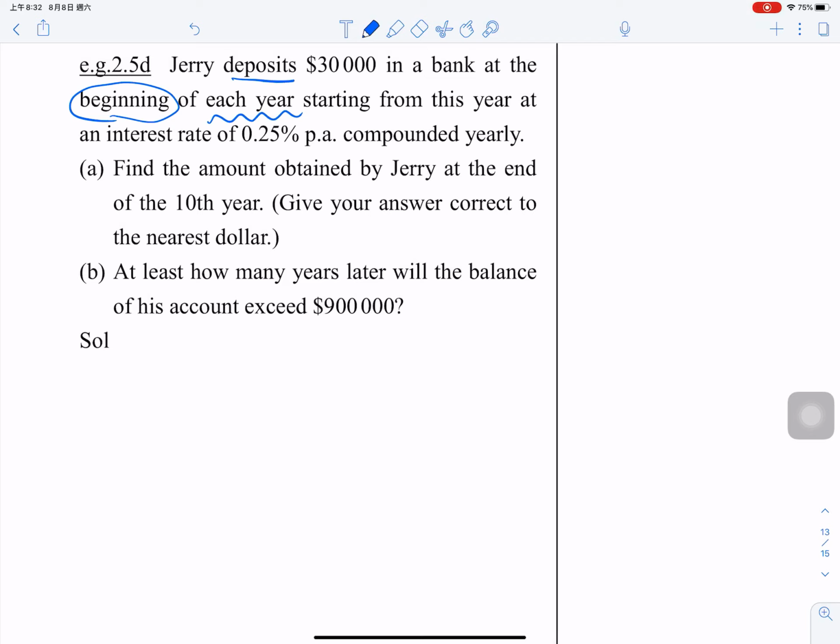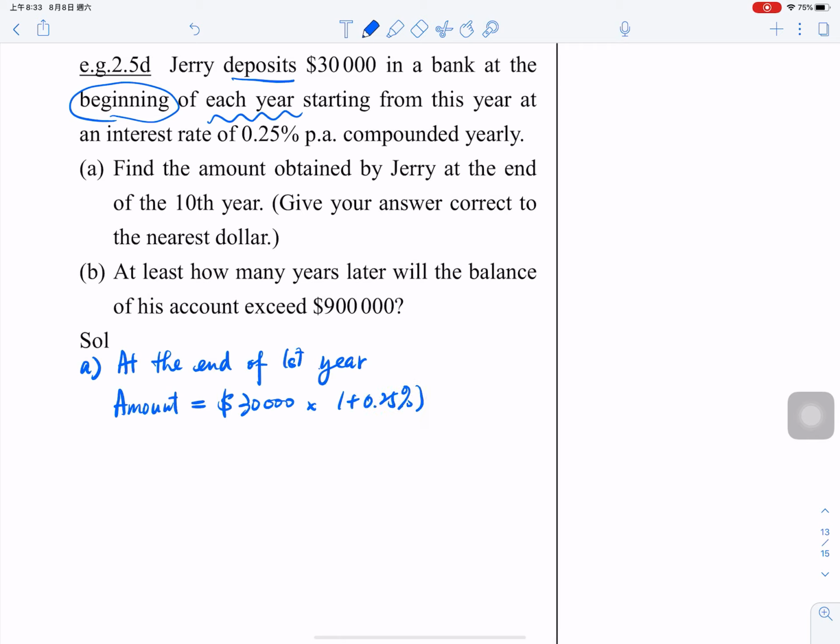Each year deposit $30,000 each year. So let's see. Think about it. At the end of first year, what happened? Actually, the amount is $30,000 times 1 plus 0.25%, right?